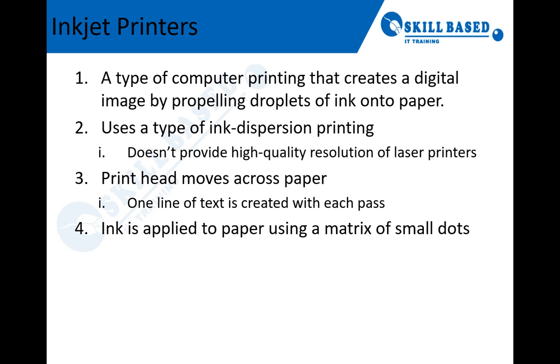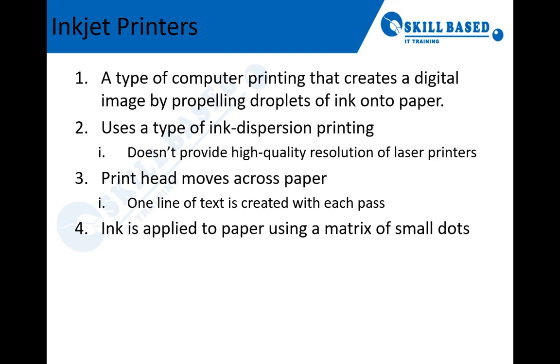An inkjet printer is a type of computer printing device connected to the computers that creates a digital image by propelling fine droplets of ink onto the papers, to form images and readable forms of text.